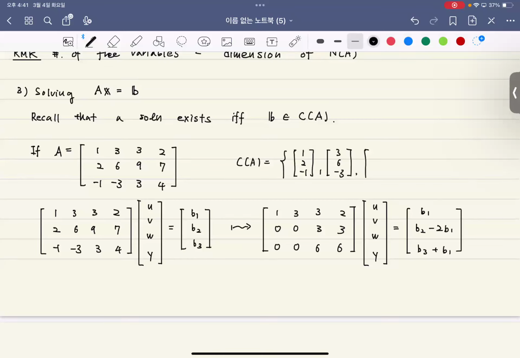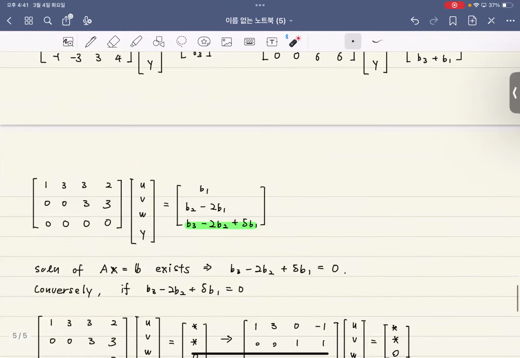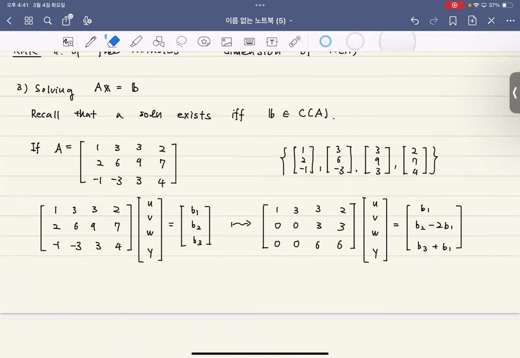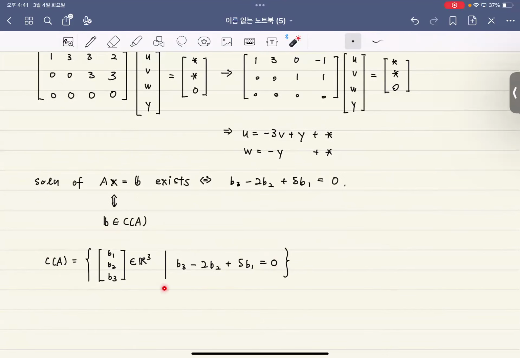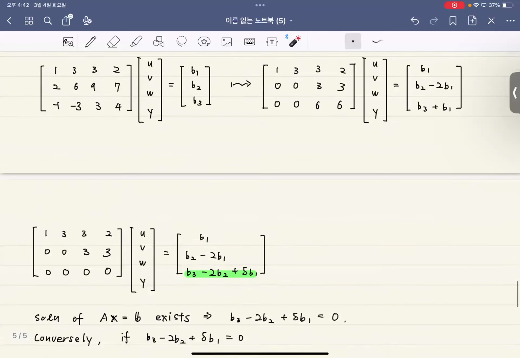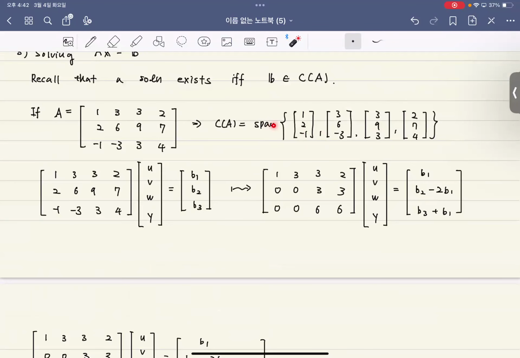So let us compare this description and that description.